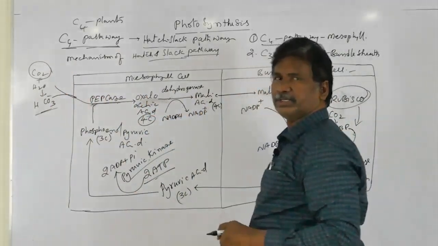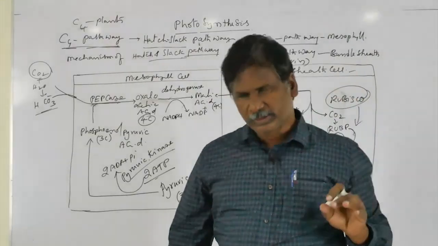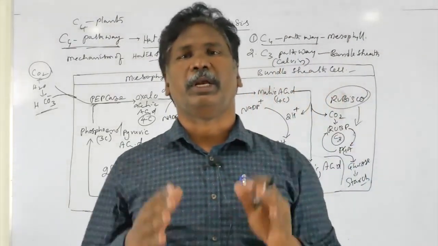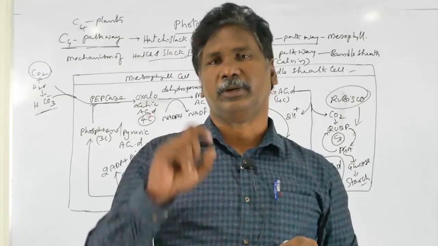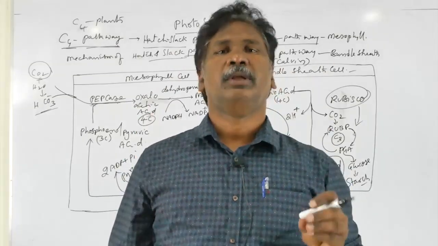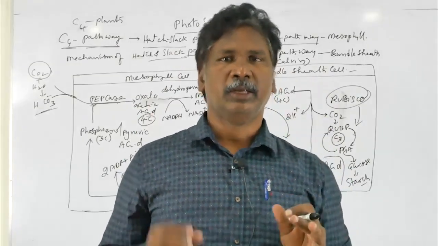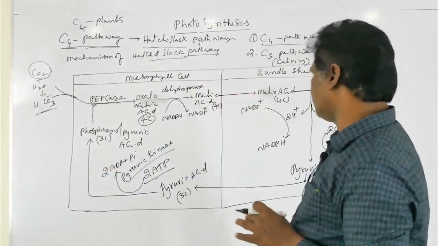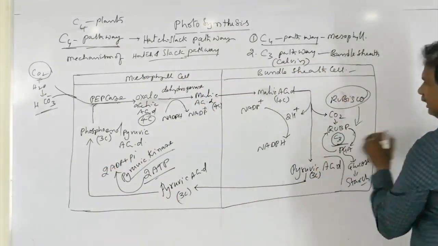So during this last step, for every carbon dioxide, an additional 2 ATP is required. Now we can see how many ATP are required to synthesize 1 glucose during the C4 pathway, the Hatch-Slack cycle. Already the C3 cycle is there.